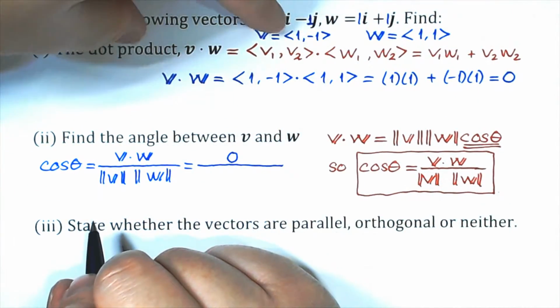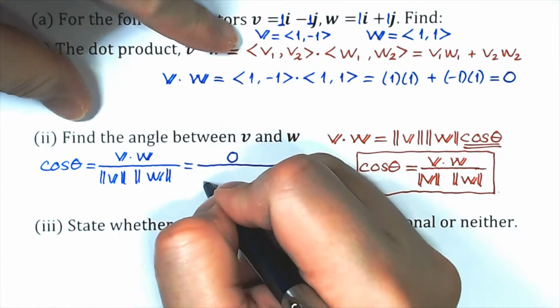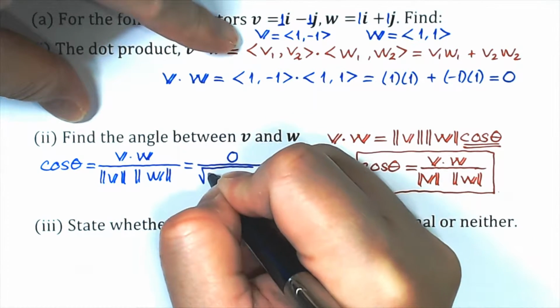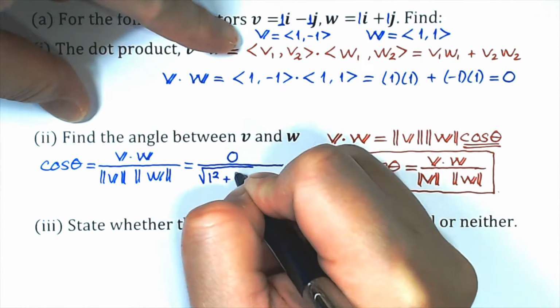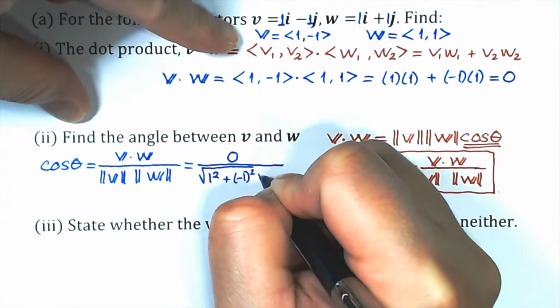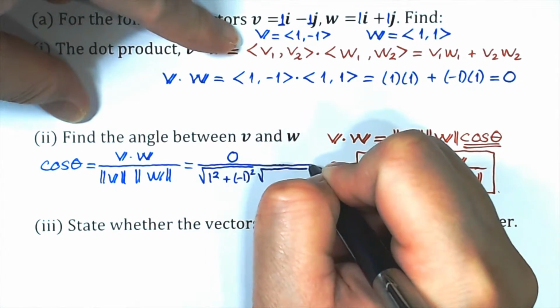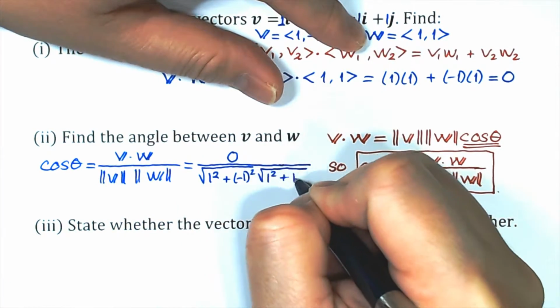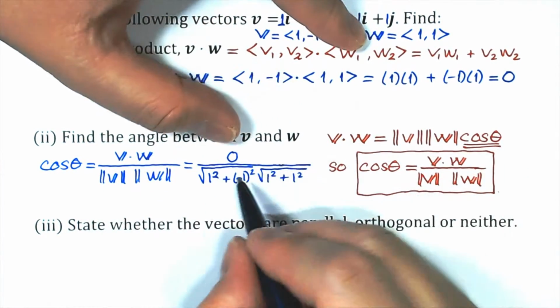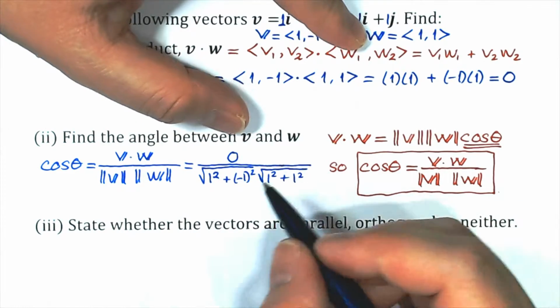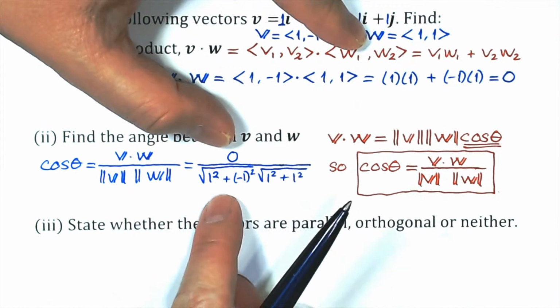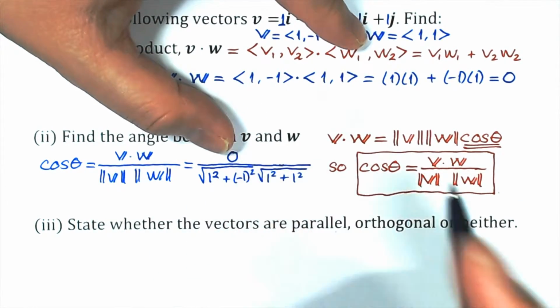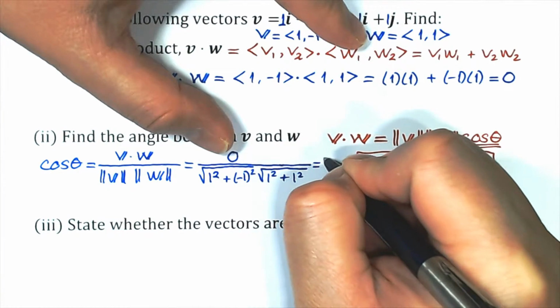The magnitude of v, this is the vector v, Pythagorean theorem, 1 squared plus negative 1 squared, times w is that, so 1 squared plus 1 squared. So we'll have 0 over anything that is not 0. At the bottom we have square root of 2 and square root of 2, so the bottom line is going to be 0.